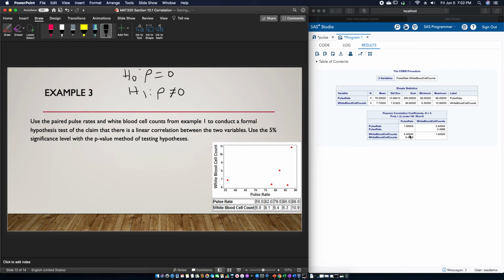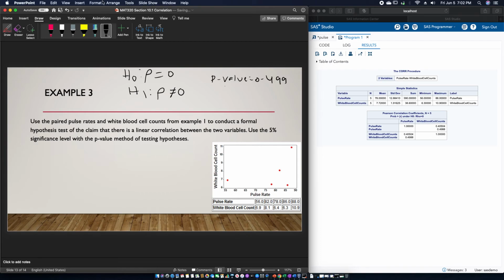And we obtained the p-value, as I said before, of 0.499.